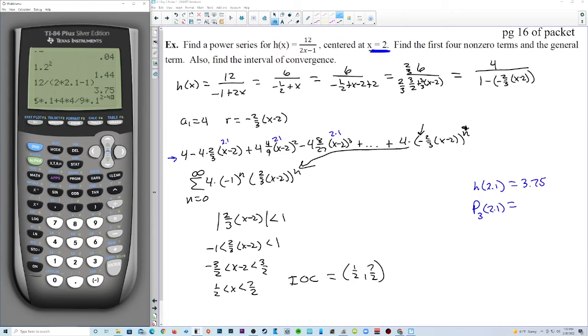And then minus 4 times 8 divided by 27 times 0.1 to the third. And that's roughly 3.75. So I'm pretty convinced that we probably got that series right. So 3.75.